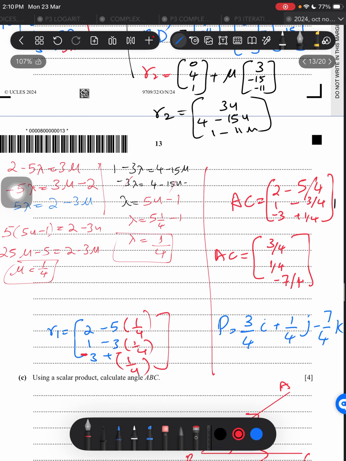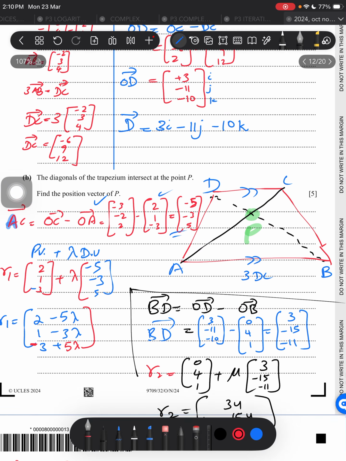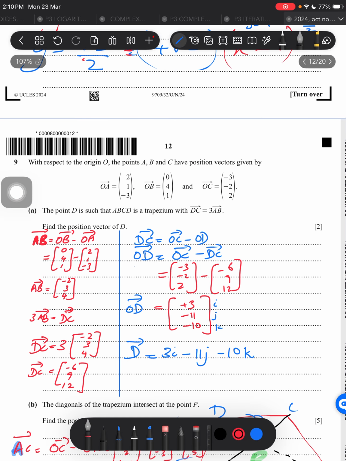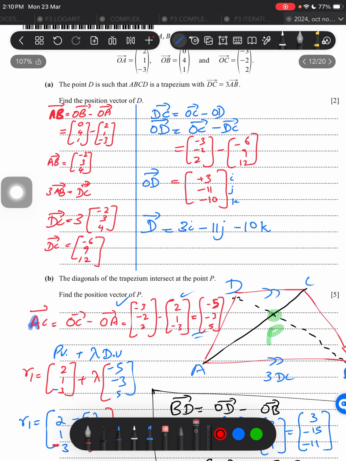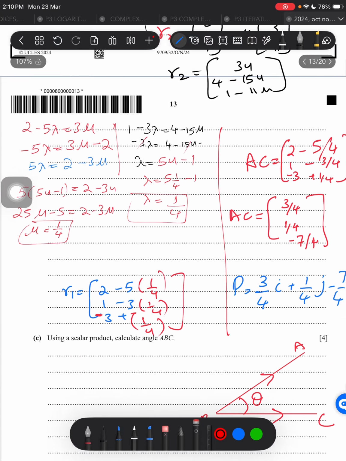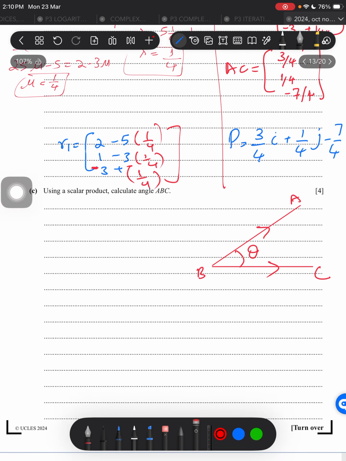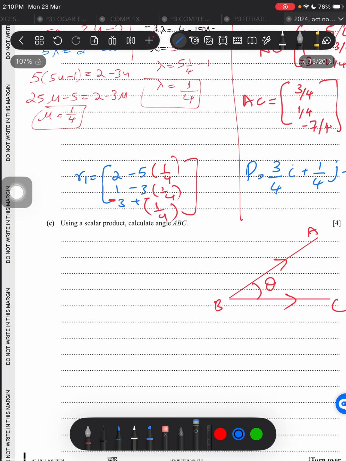Do we have it? Let me just double check it. We have OB, OA, but we don't have BA or AB. We haven't found, yeah, we have. So AB was this, we already have AB, and AB times BC. Do we have BC? Did we find BC earlier? No, we did not find it. So we just need to find BC, and we already have the value of AB.